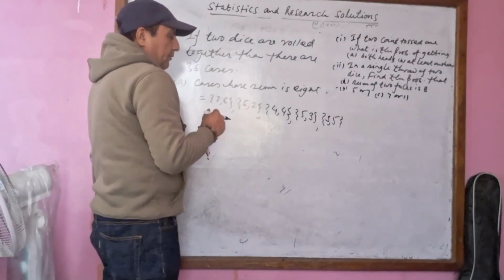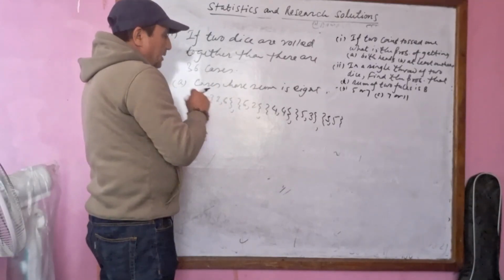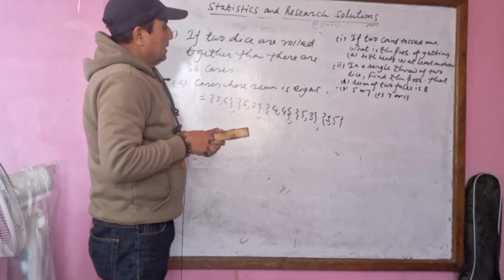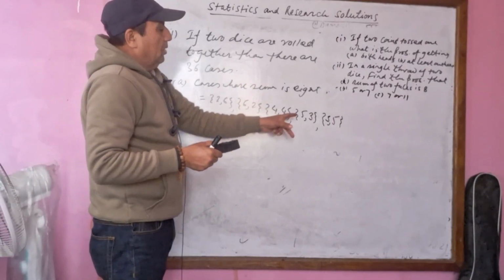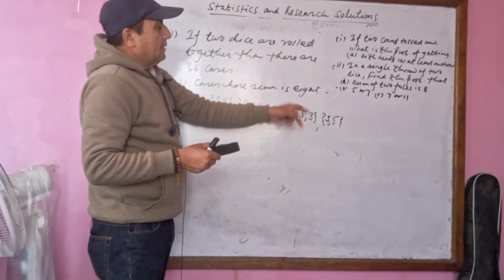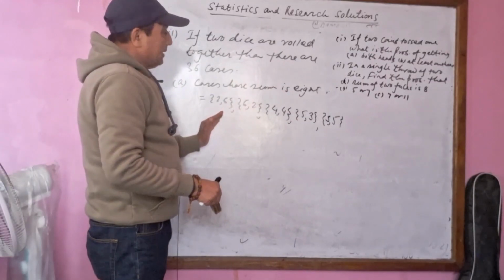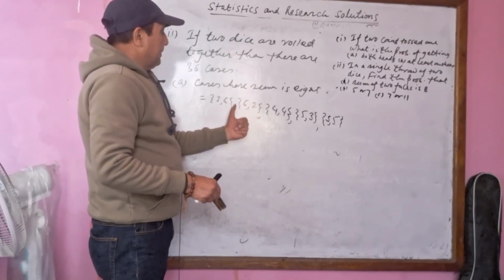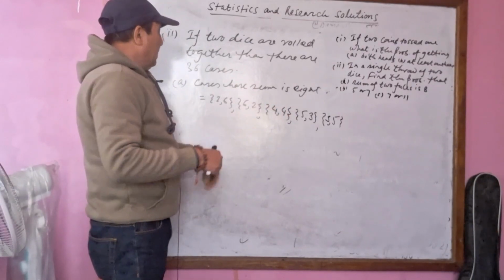There are no other cases. So (2,6), (6,2), (4,4), (5,3) and (3,5) are the possible cases whose sum is 8.